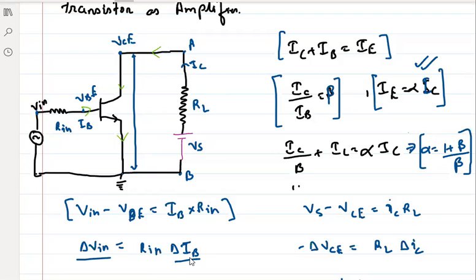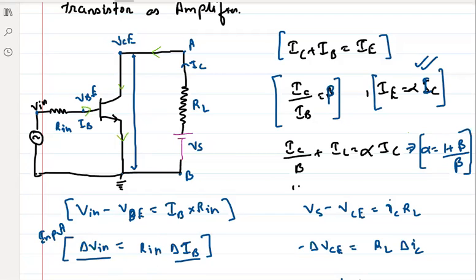So this equation I got from the input circuit. RIN is basically delta VIN by delta IB, which we'll be using.